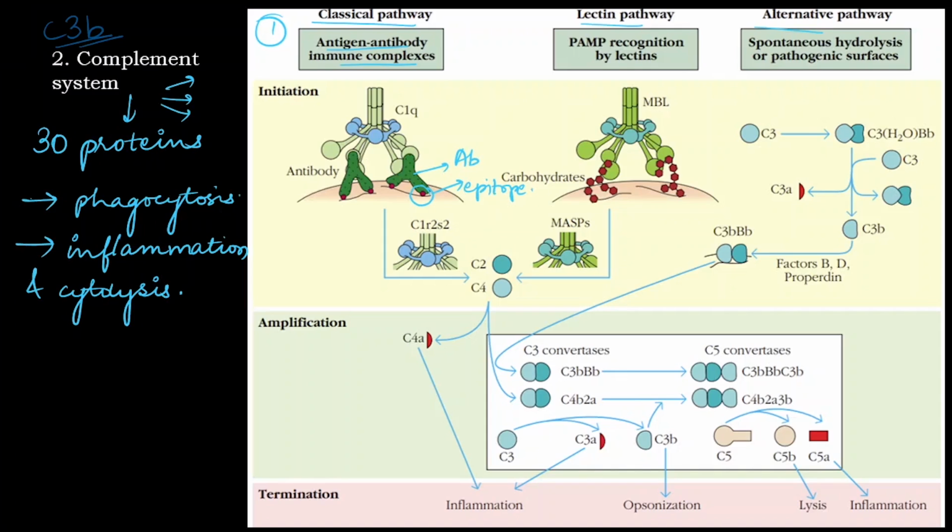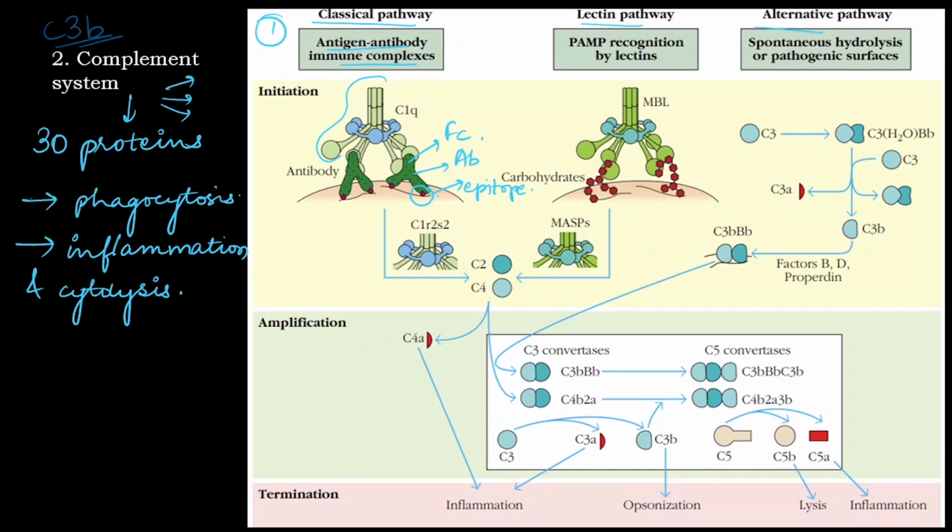The antibody will first recognize the epitope on the surface of the microbe, and when it interacts with the epitope, there will be a conformational change in the Fc region, so that it will expose the binding site for the C1 molecule.